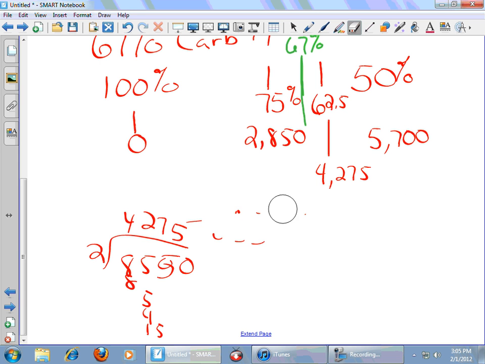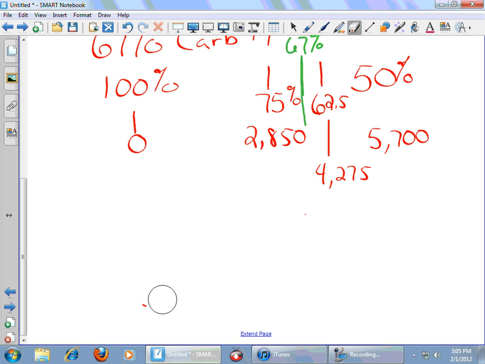All right, so the object in question has to be between 2,850 years old and 4,275 years old, and it's going to be closer to this one because 67 is only 4.5% away from 62.5, but it's 8% away from 75.